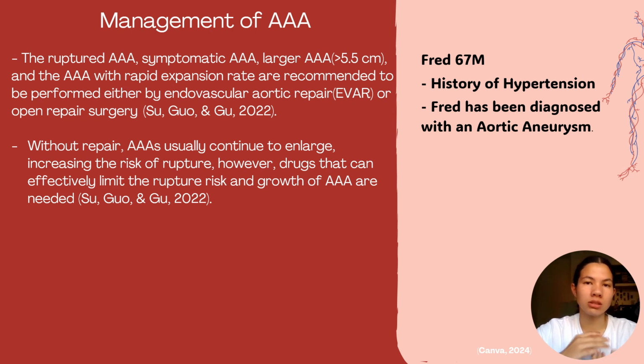Now, before this surgery, or if it is decided that surgery is not an option, these AAAs usually continue to enlarge. So what we are trying to do is limit the rupture risk and limit the expansion rate of this AAA through some drugs.